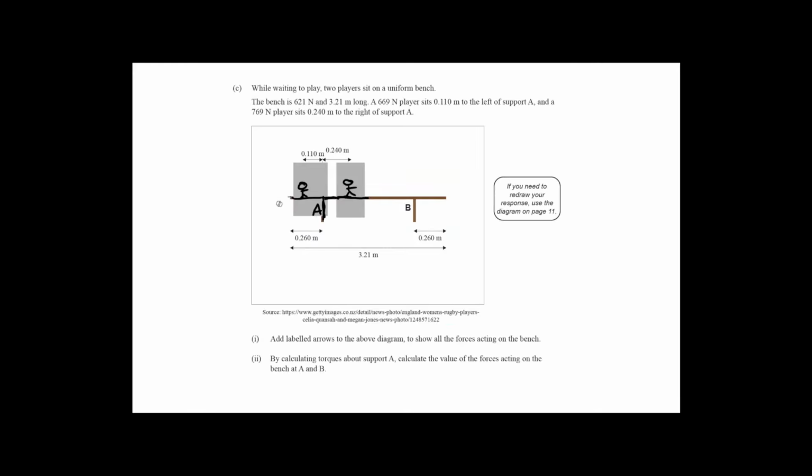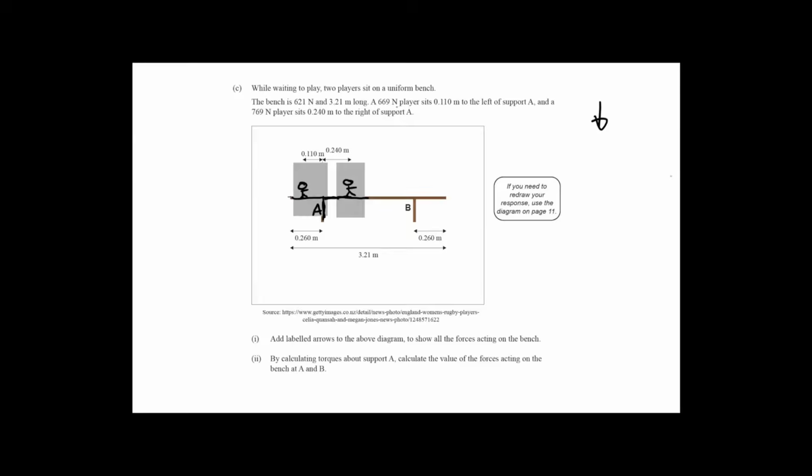While waiting to play, two players sit on a uniform bench. The bench is 621 newtons. So newtons is the downward force in this case, otherwise known as the weight force. And the bench is 621 newtons and is 3.21 meters long.